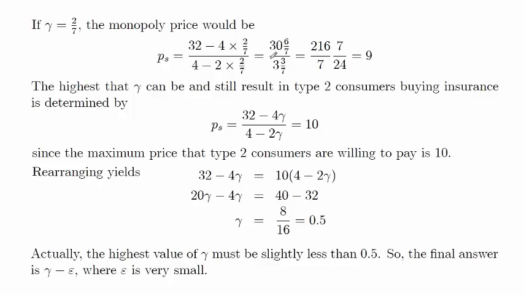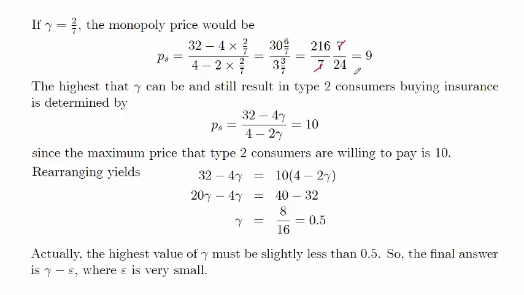So we get this number, which looks ugly, but if you transform everything and write it like this, you'll see that these things cancel, and then 216 is divisible by 24, so it's equal to 9. So the profit maximizing price is going to be 9.